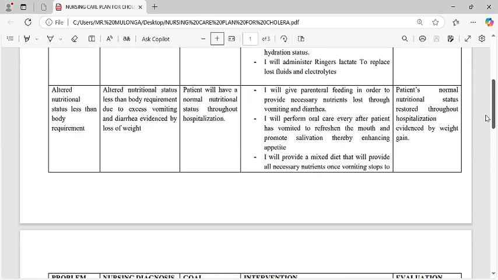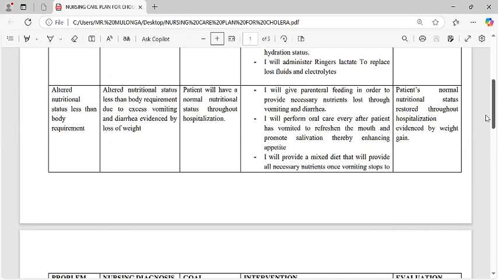That should be the first point. Or you can also put a point which says, I will assess the nutritional status of the patient to determine the interventions to be given. So that is another point that you can put.